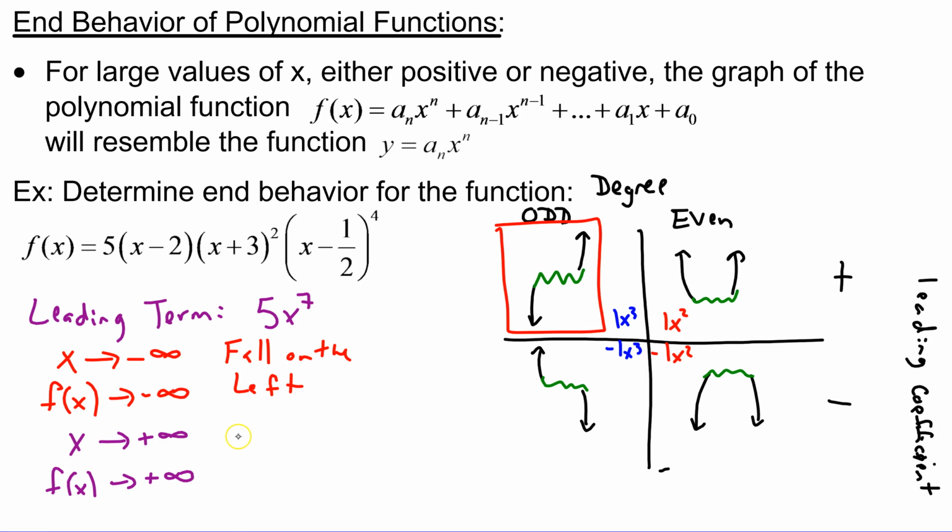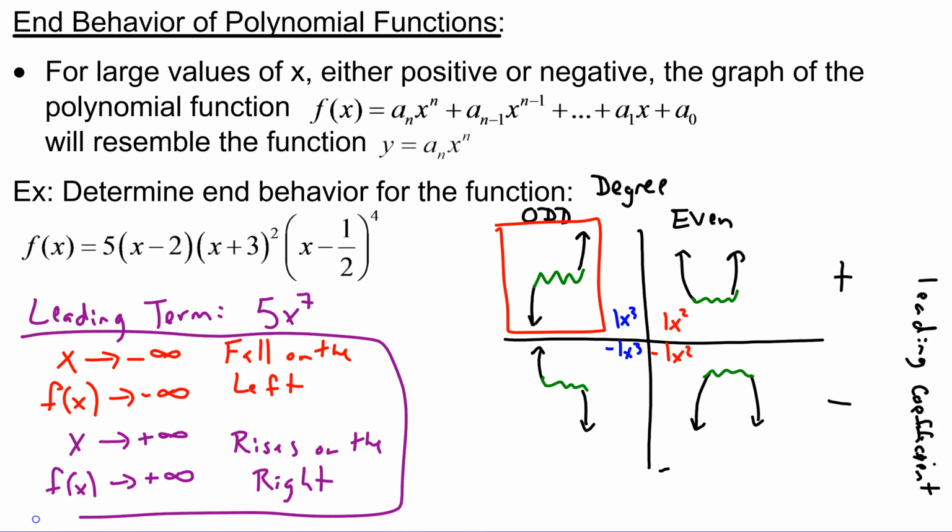How we would say that in words is that it rises on the right. So those would be the two ways that we could describe the behavior. We could describe it symbolically with x and f of x approaching either positive or negative infinity, or we can say it in words as either falling or rising on the left side or the right side of the graph.